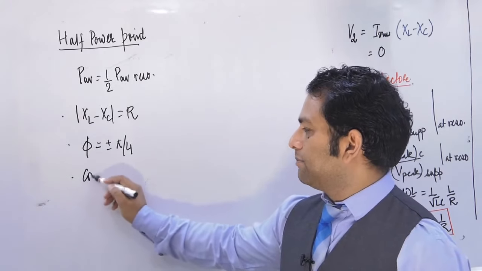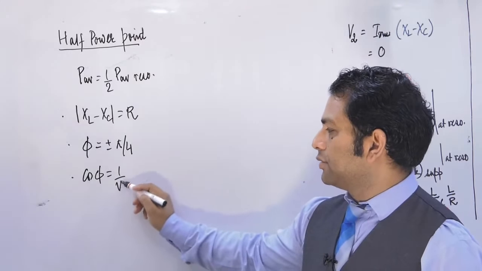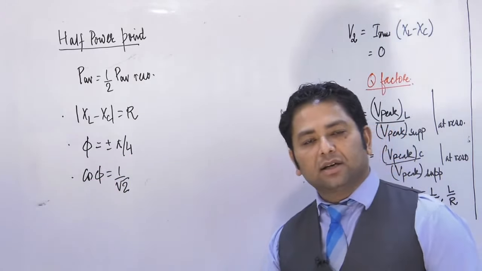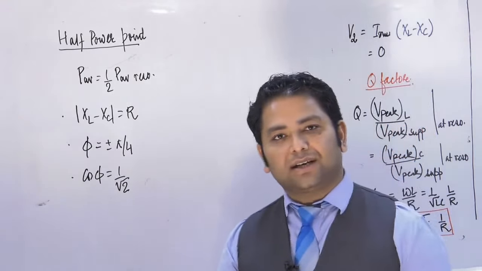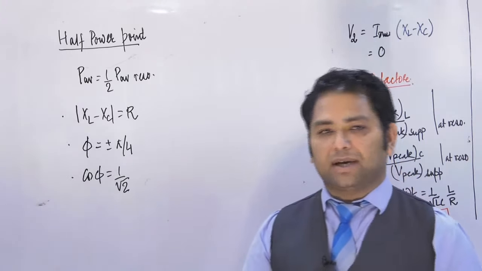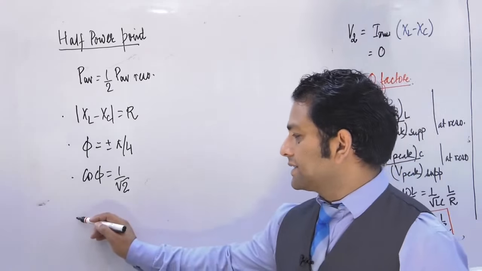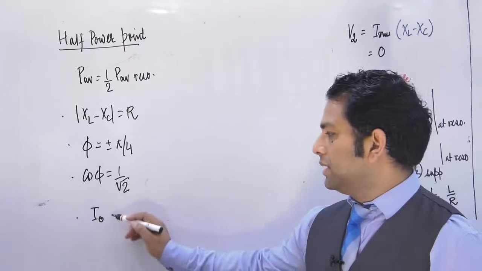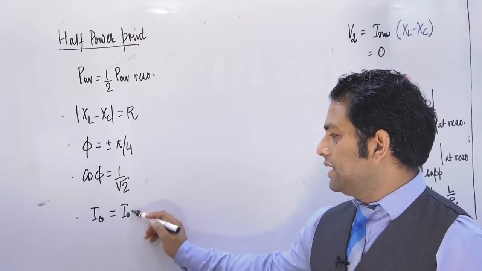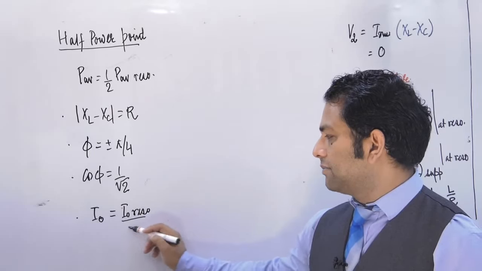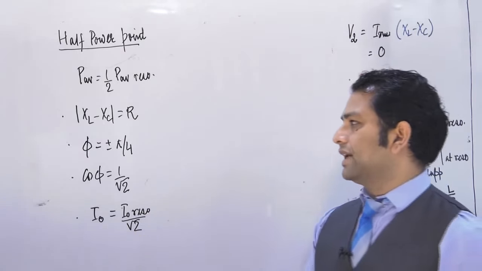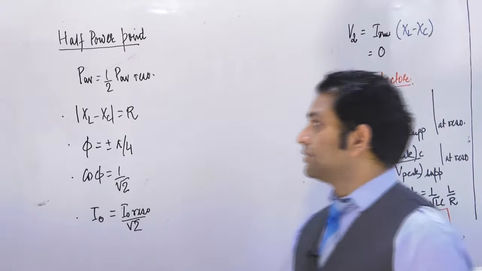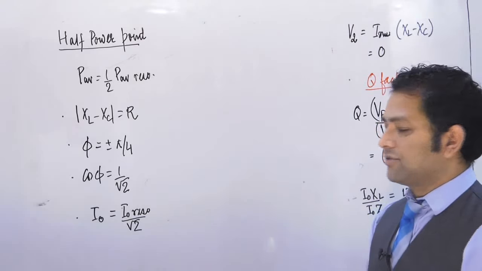The next thing, the power factor would be equal to 1 by root 2, and the power factor doesn't mind positive or negative, because cos positive theta and cos negative theta are both equal to 1 by root 2. And the next thing is that the value of I peak will be equal to I peak at resonance divided by root 2. Those are simple calculations, we can easily do that. So that's the half power point, the entire characteristic.